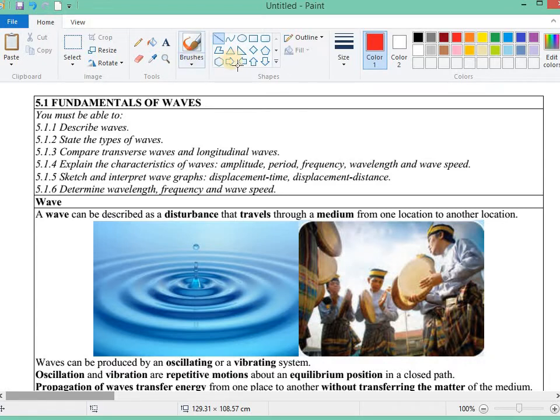So what is a wave? Like what I said, please go and watch the recording, because this topic 5.1 is a very important topic. This is the basics that you are going to use in many topics, not only in Form 4 but also in Form 5.